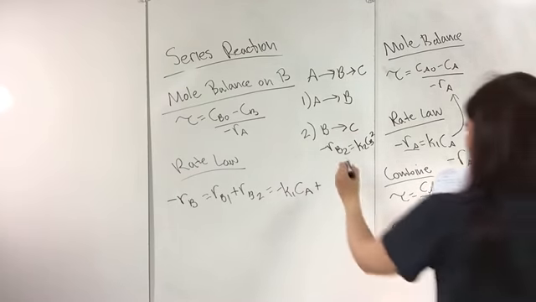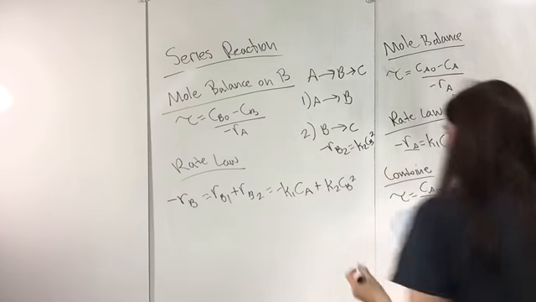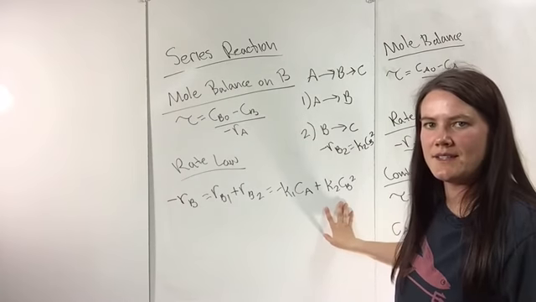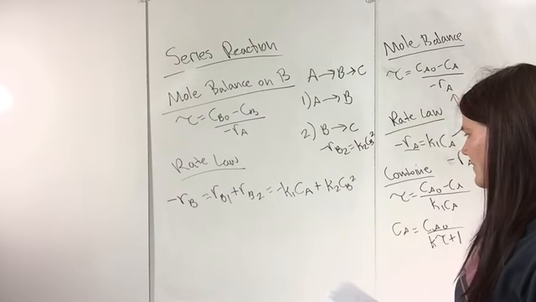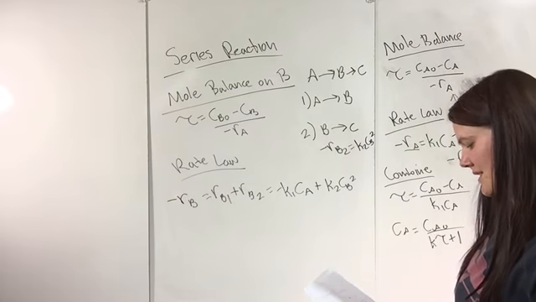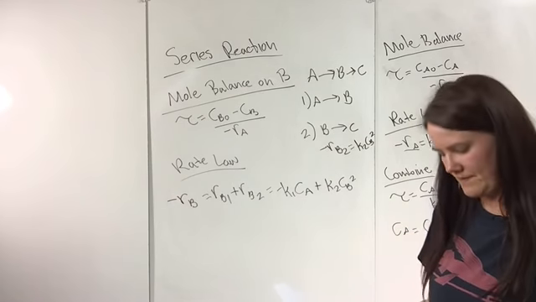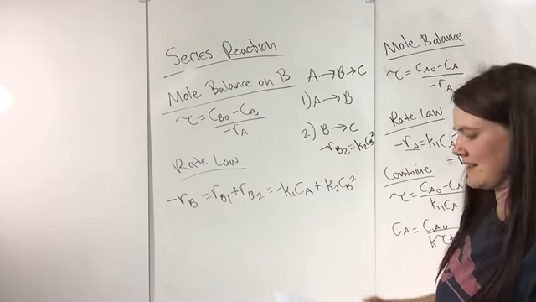So this is plus K2 Cb squared. So make sure you know how to write these net rate laws. I'm trying to remember what chapter that's in. I think that's in chapter 6. Plus I did a video on this, so definitely review that if you're confused about how to get this.